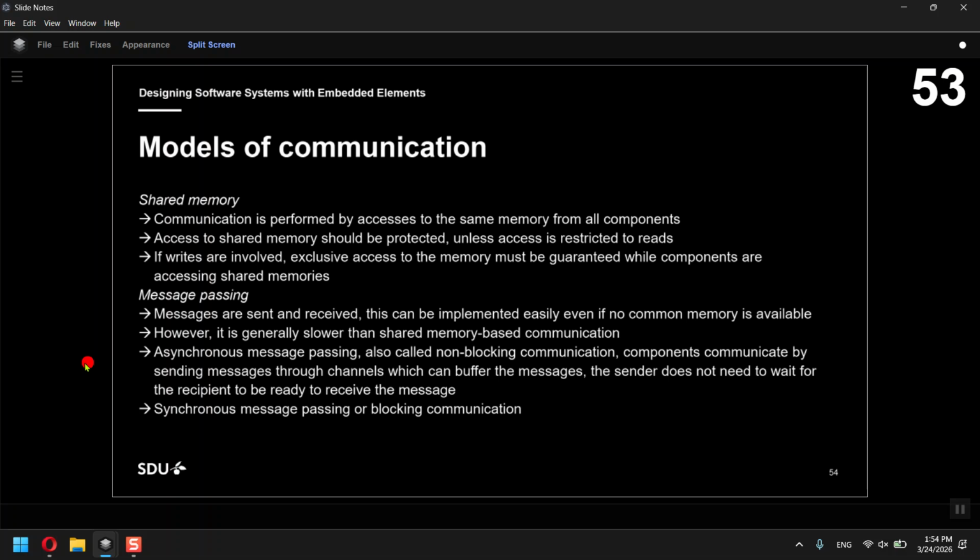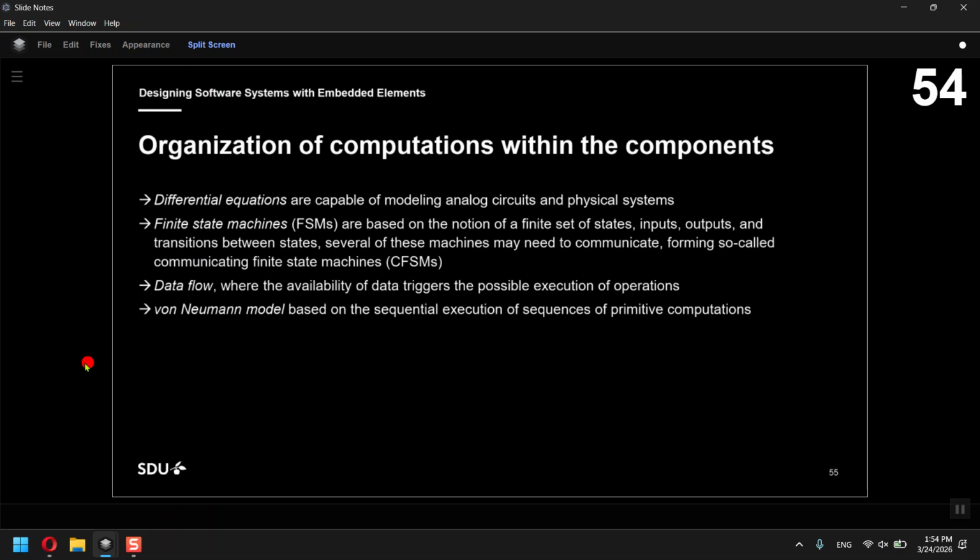When it comes to actually implementing those, and then how to map the different behaviors and the computations within the components, we can do that differently.